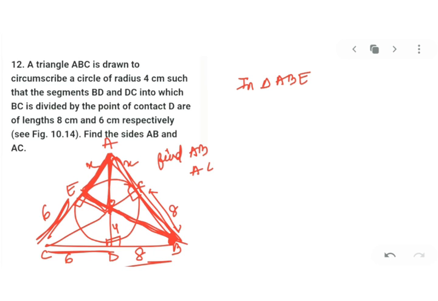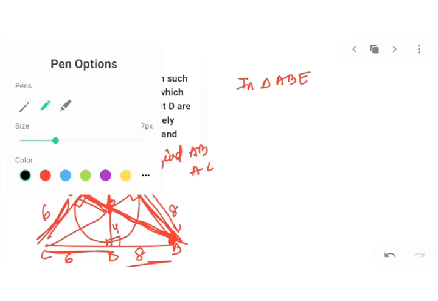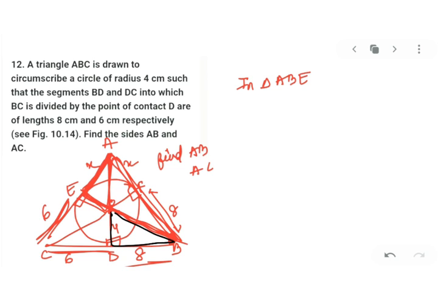Now in this triangle, if you want, what you can do is first take the Pythagoras of this. That is जो छोटा सा triangle है, आप notice करोगे यहाँ पे 8 दिया हुआ है BD and OD आपको 4 दिया हुआ है. From there you can get this, that is OB. Yes, once you get with OB, now because this is a circle, everywhere the radius will be same, so OE will be 4. So once you got OB, you will add with OE and you will get BE.